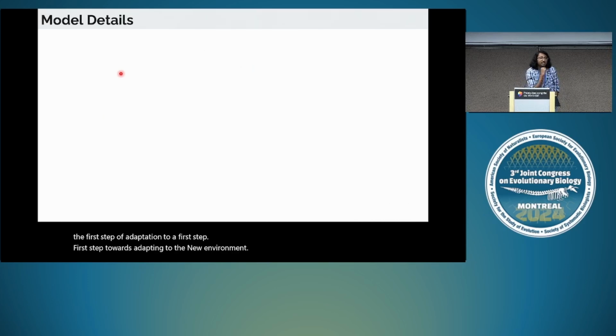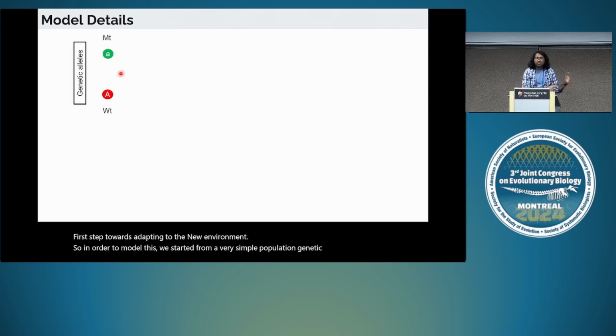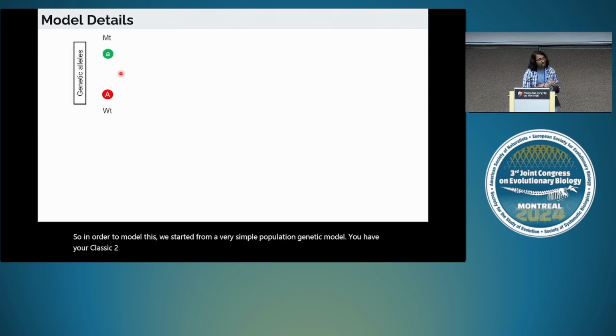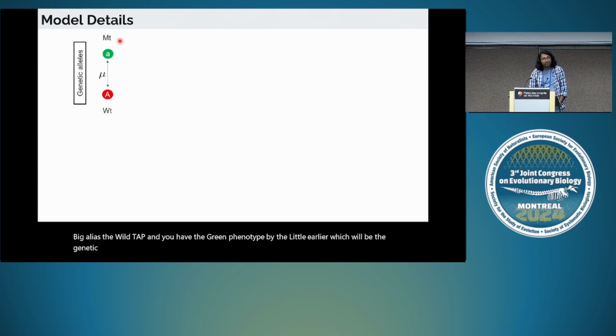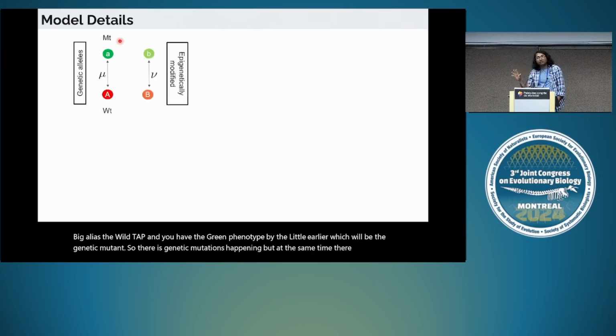In order to model this, we started from a very simple population genetic model. You have your classic two genetic alleles. Here the red big A allele is the wild type, and the green phenotype is done by the little a allele, which will be the genetic mutant. So there are genetic mutations happening. But at the same time, there are equivalent modified alleles for each of these two genetic alleles, which can also undergo genetic mutations.